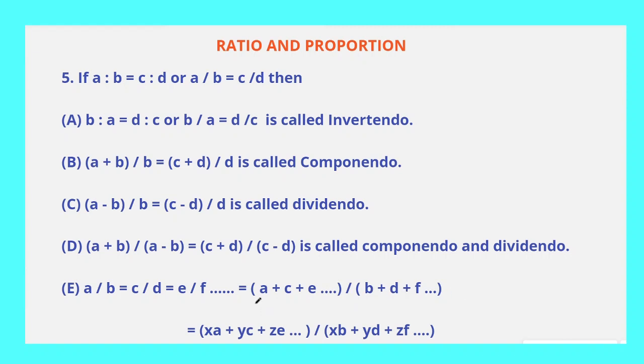If we multiply the numerator and denominator of each element of the proportion by the same numbers, then we get (x into A plus y into C plus z into E) upon (x into B plus y into D plus z into F). This way we get the property of proportions.